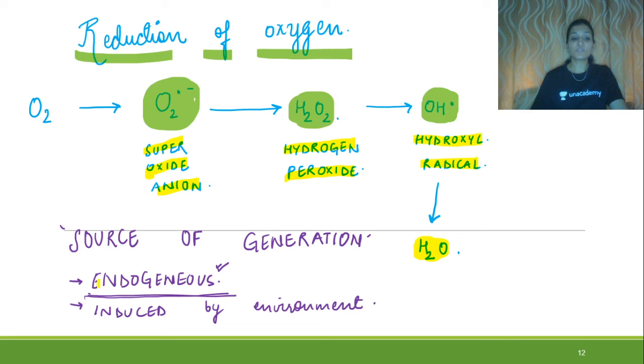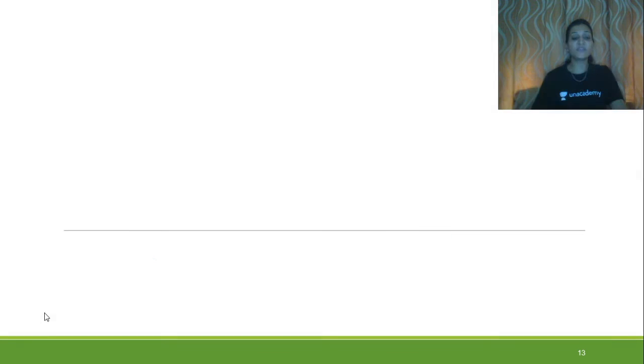Then what are the sources of generation? That is endogenous and exogenous both. Endogenous, we have seen 7 examples.